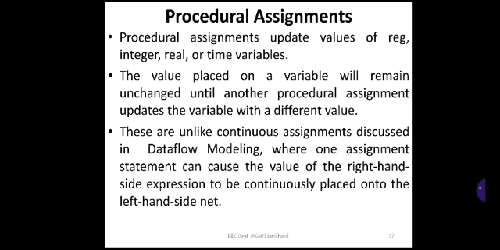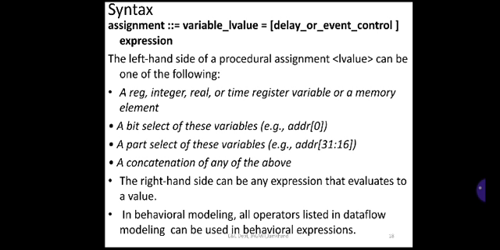The syntax for the simplest form of procedural assignment is shown here. How do we use it? See the syntax: the variable L value, the left hand side of the expression. L value is nothing but left value. The equal sign is used to assign the value to the left hand side variable.